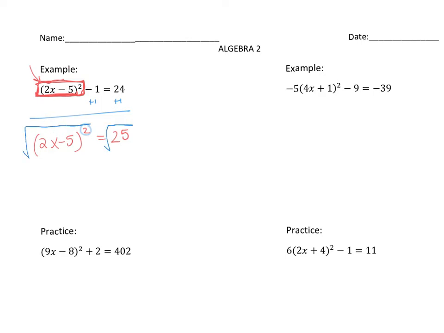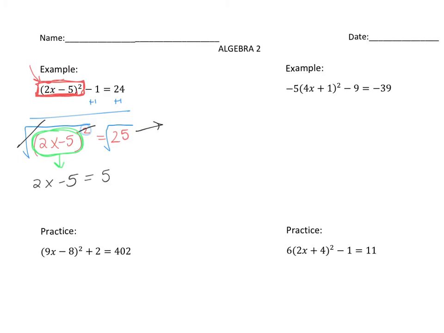So I take the square root of each side. And now, what's going to happen is my square root will cancel, my squared will cancel, and I am going to take out this whole thing. That's going to drop out. So now I have 2x minus 5 equals, and the square root of 25 is 5, right?